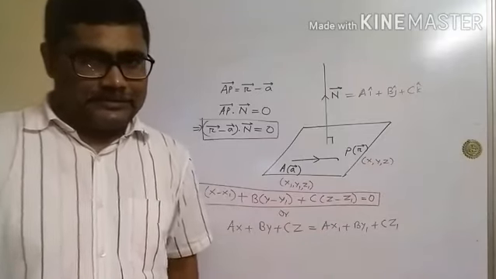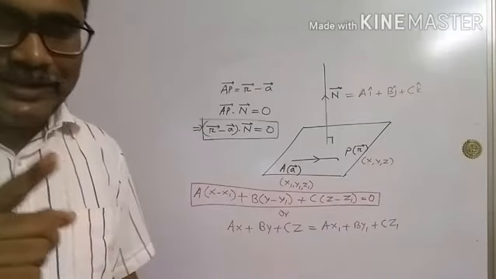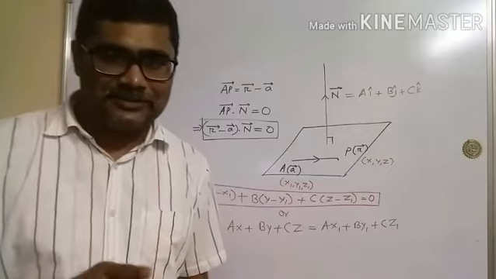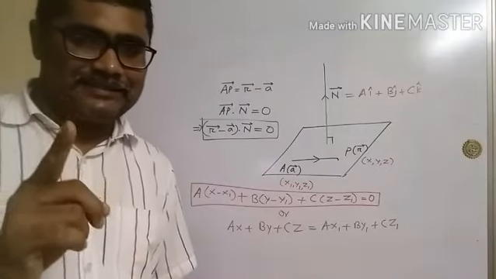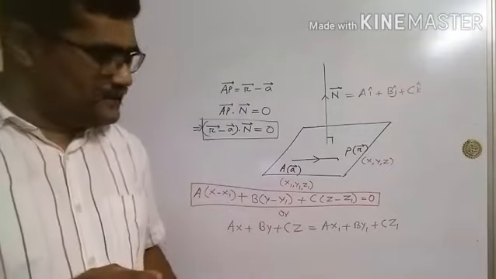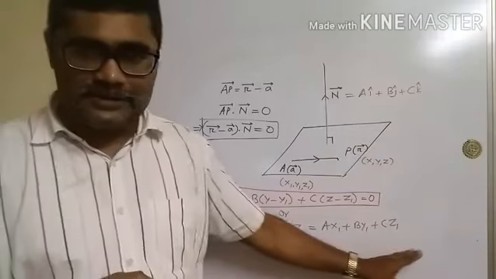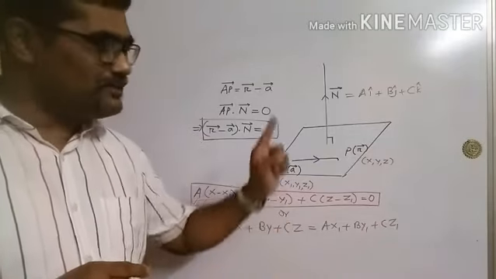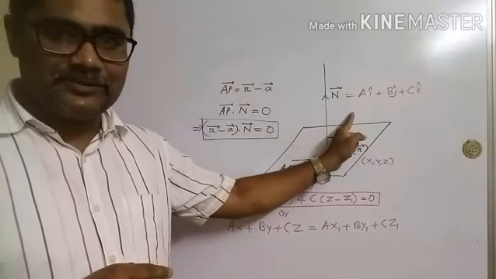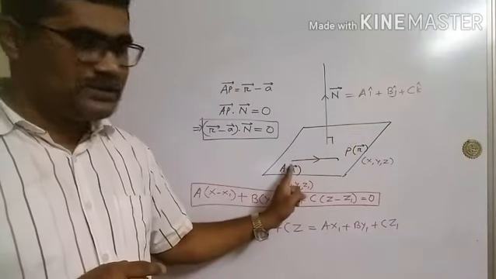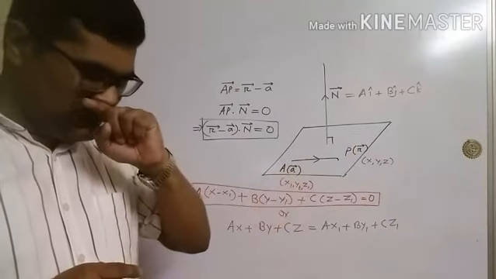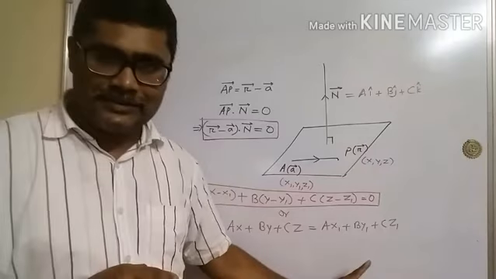Next, the concluding point I would again like to emphasize, because every plane has this particular feature. Whenever I express this equation of the plane with the requirement that there is a vector known and a point through which it is passing, then I arrive at this equation.